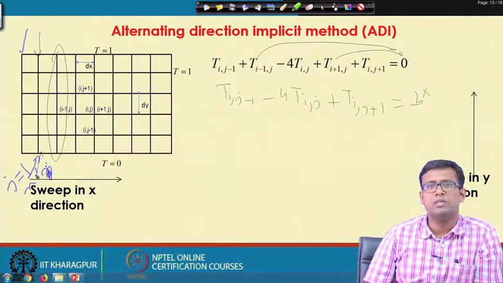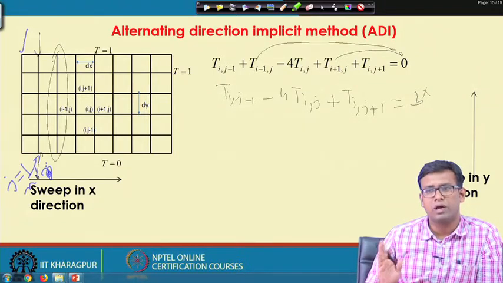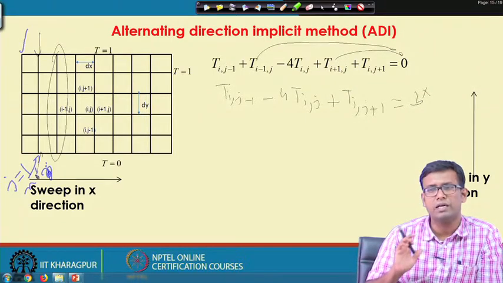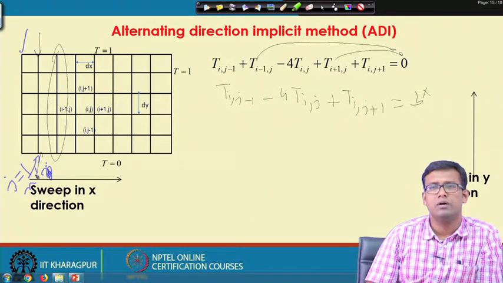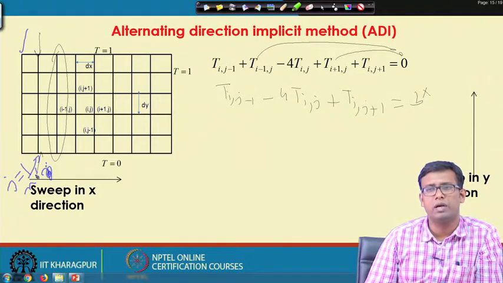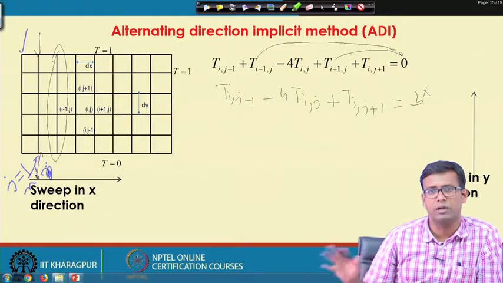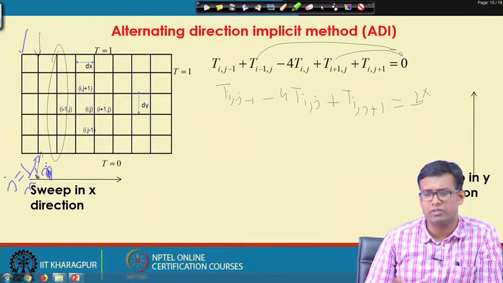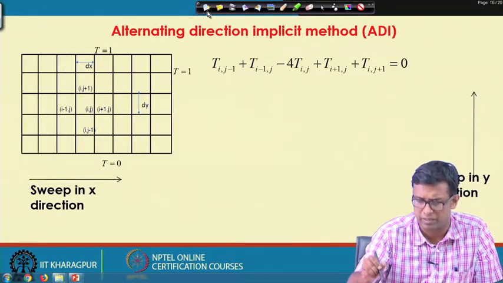So, every time, instead of solving the complete matrix at every step, we are only solving the matrix along one particular line and assuming that the rest of these things are known and putting it into the B part, and that is why this is called a line relaxation method.